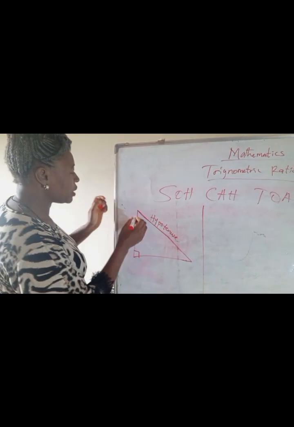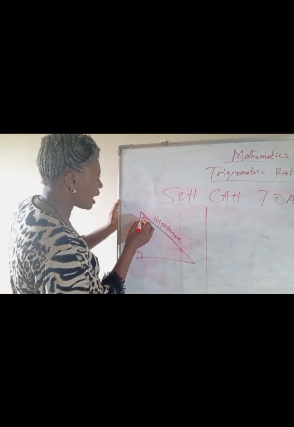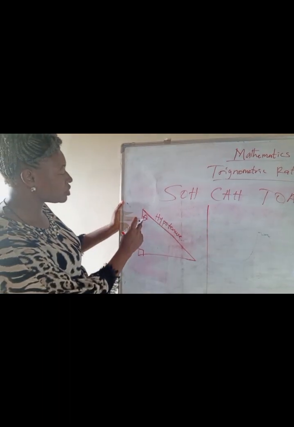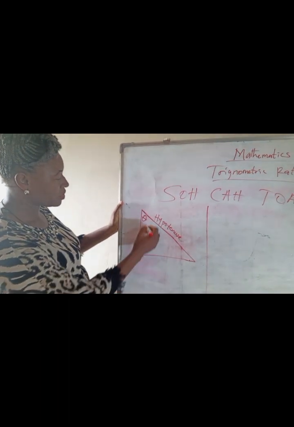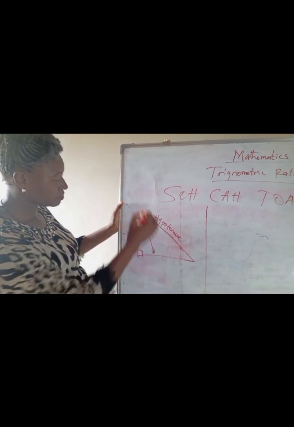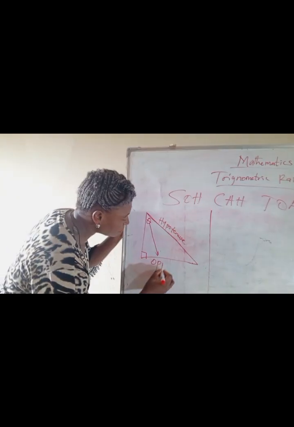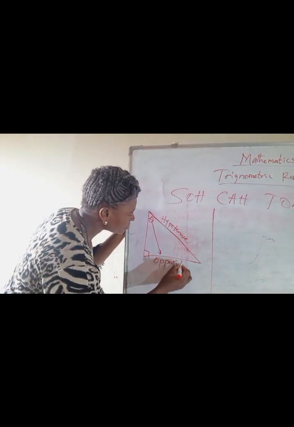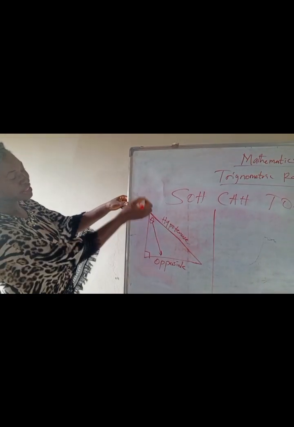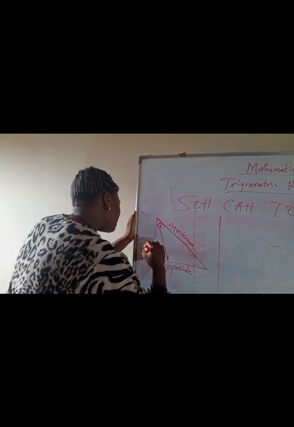If I use theta as my angle, the side that is opposite to this angle is this side. So here is the opposite side. Then the remaining side is the adjacent side.